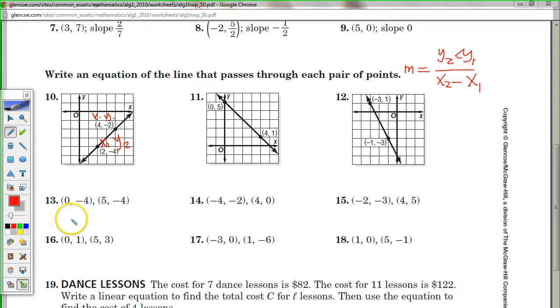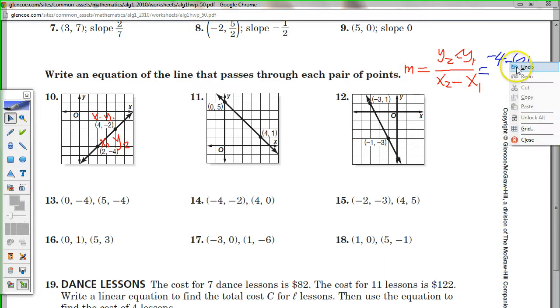So here, I'm going to just use this format. y2 minus y1. y2 is negative 4 minus negative 2. So negative 4 minus negative 2.